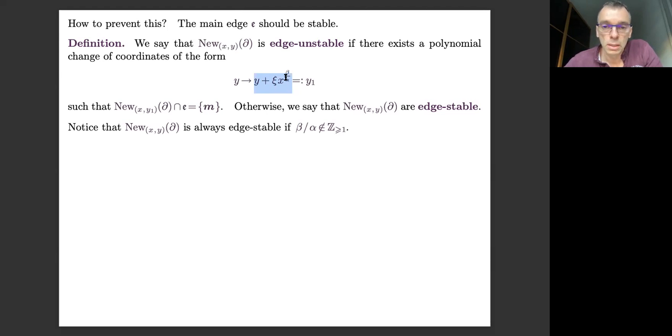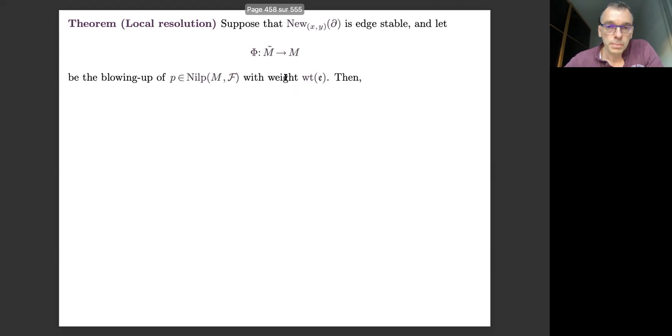So, right. Okay, so the local resolution says that once we start with an edge stable situation, then the height will improve.